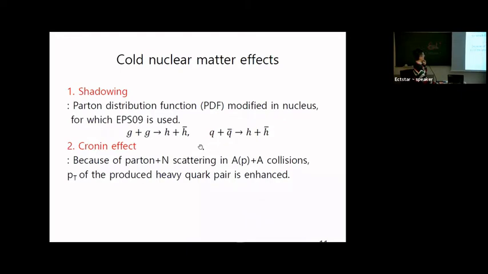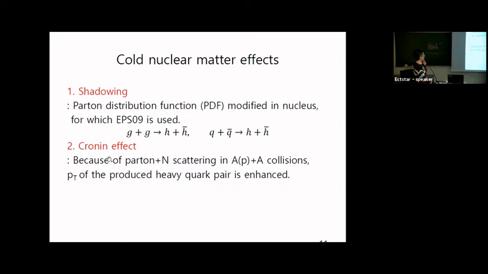For example, heavy flavor is produced by gluon-gluon fusion or q q-bar annihilation in the leading order pQCD. If gluon distribution or quark distributions are modified in nucleus, then this heavy flavor must be modified. And we used the EPS09 package.